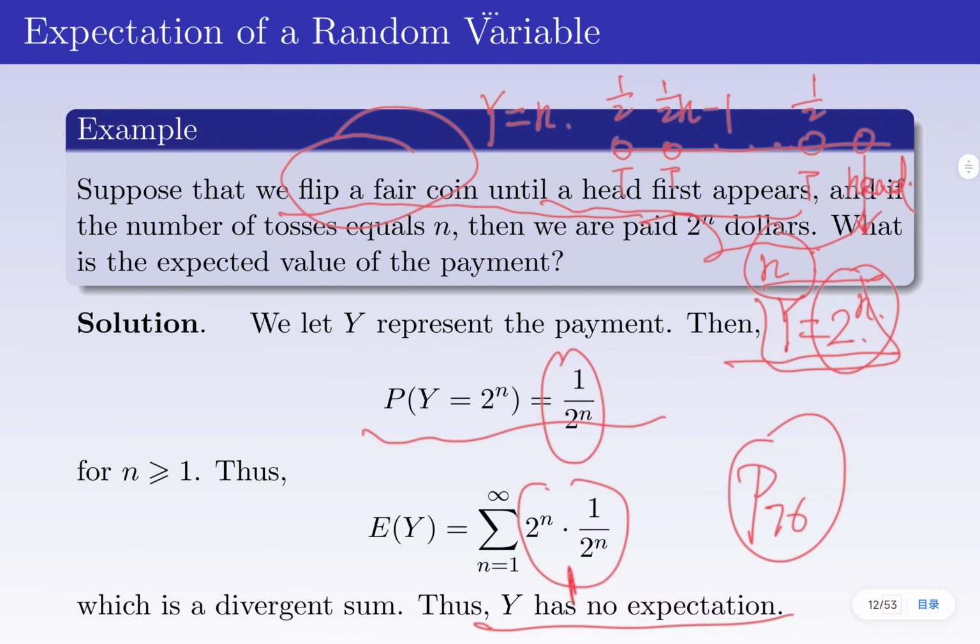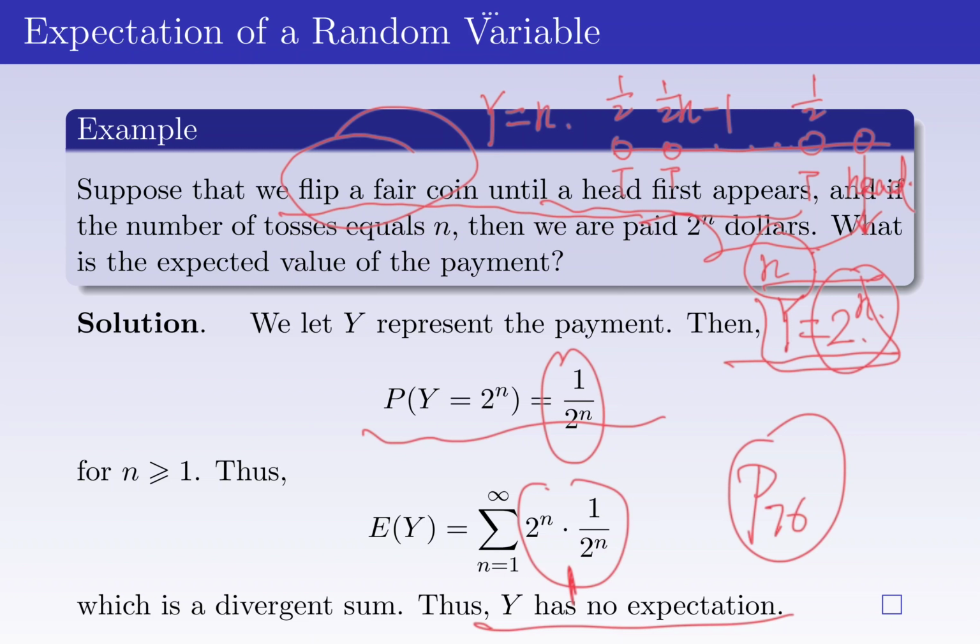Flip a coin. I think it's not a good choice for us to play this game. If we get a number, then we get paid, and if the number equals 10, then we are paid $20.